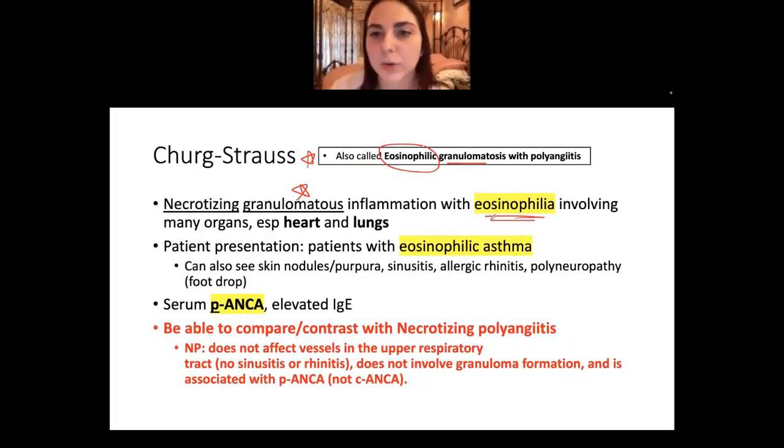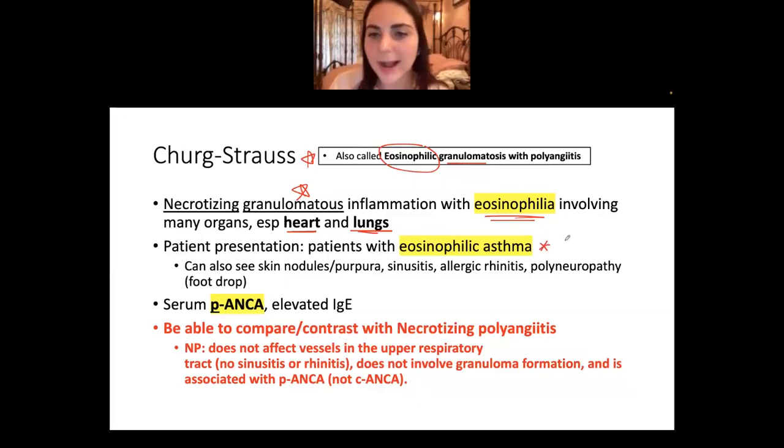They think this vasculitis is actually triggered by eosinophils. So when you think eosinophils, maybe you're thinking allergies, maybe asthma. So lungs are involved, another similarity to Wegener's. And then your heart also gets involved with this one. So heart and lungs, eosinophilia, granulomatous inflammation.